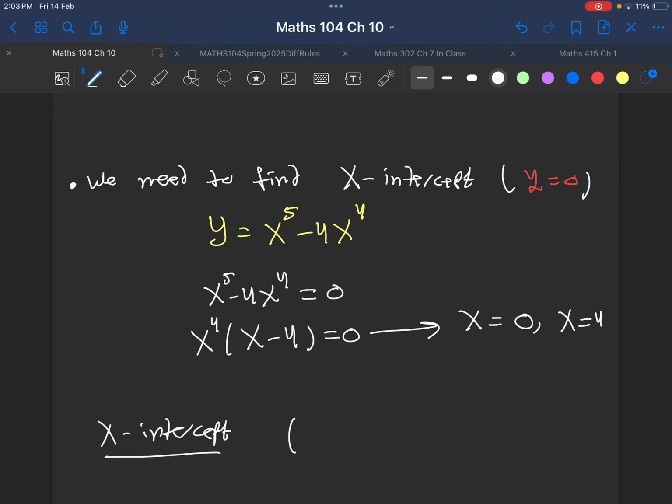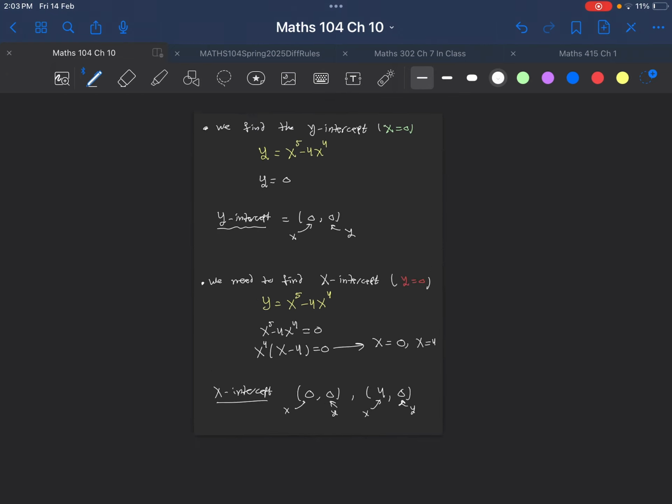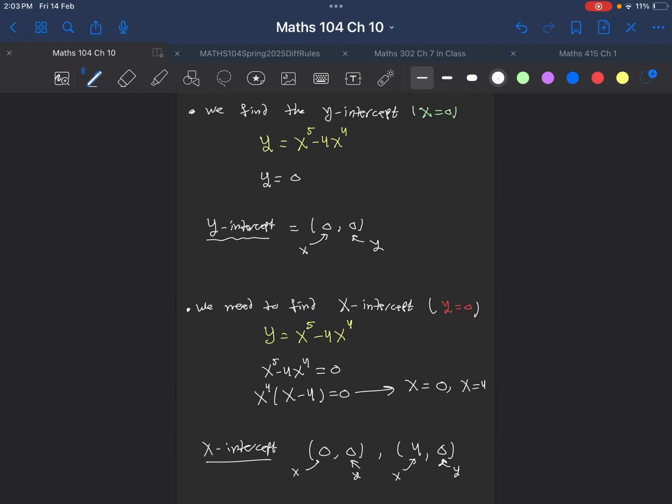So the x-intercepts are 0 for x, and 4 for x, and if we plug in, we get 0 for y.